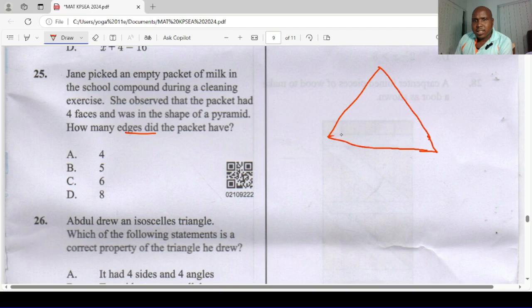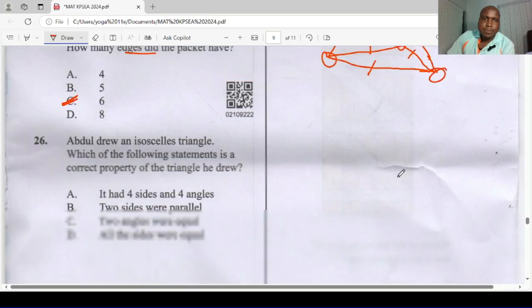So how many edges are there? 1, 2, 3, 4, 5, 6. So the packet of milk has got 6 edges. How many vertices? Vertices is 1, 2, 3, 4 vertices. How many faces? 4 faces.